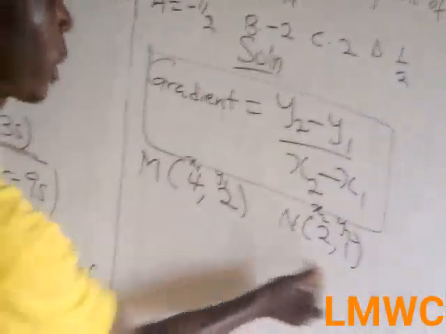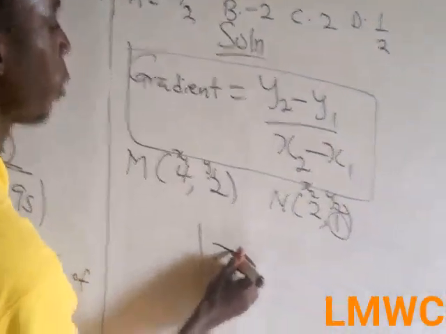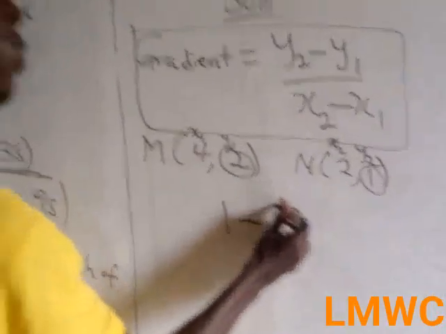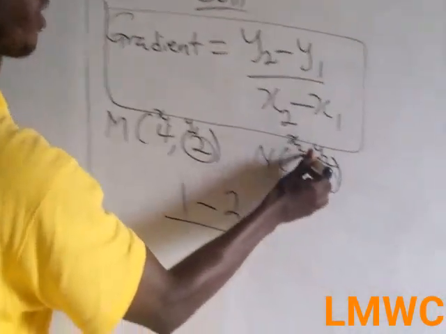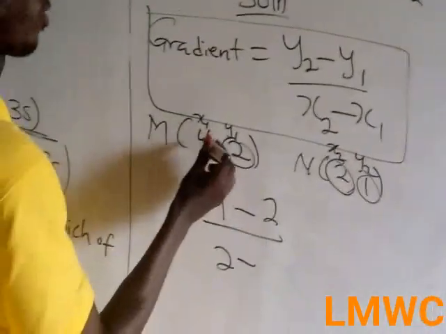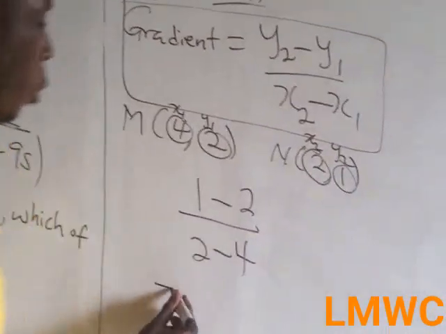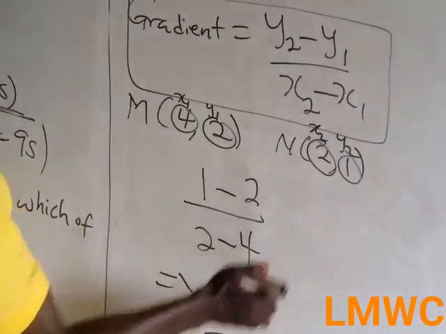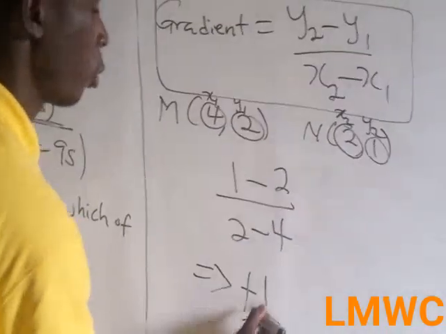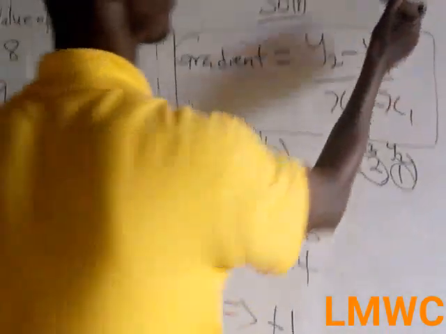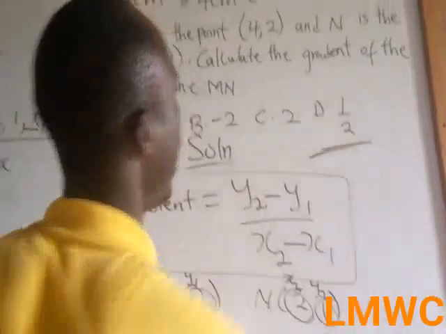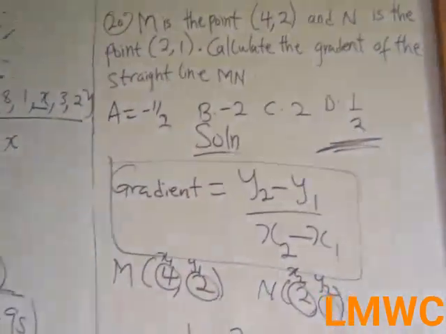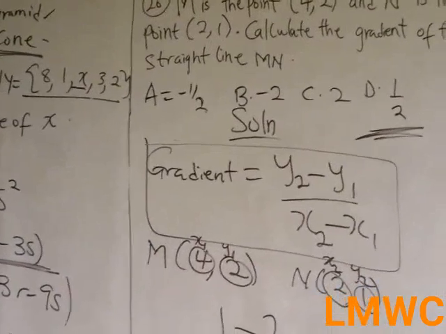We have y2 as 1. 1 minus y1, which is 2, over x2, which is 2, minus x1, 4. So 1 minus 2 is negative 1, over 2 minus 4, which is negative 2. It cancels, we have 1 over 2. The answer is D. It's not difficult.